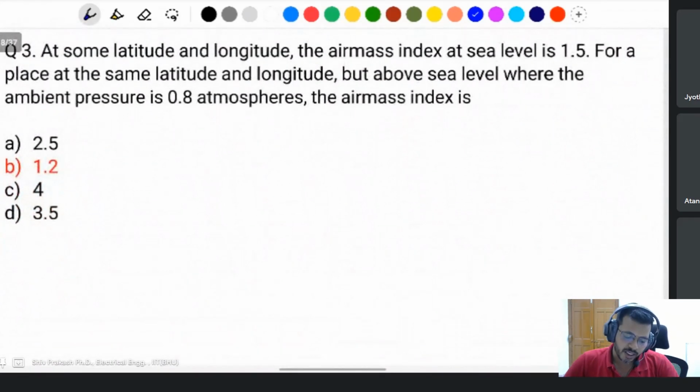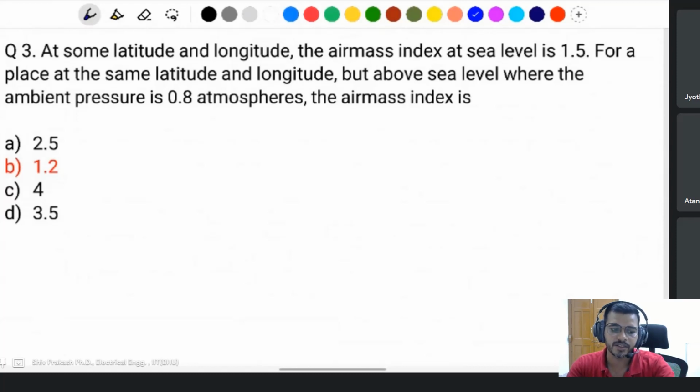Next question is that at the same latitude and longitude, the air mass index at sea level is 1.5 for a place at the same latitude and longitude but above sea level, where the ambient pressure is 0.8 atmosphere. You ask about the air mass index.